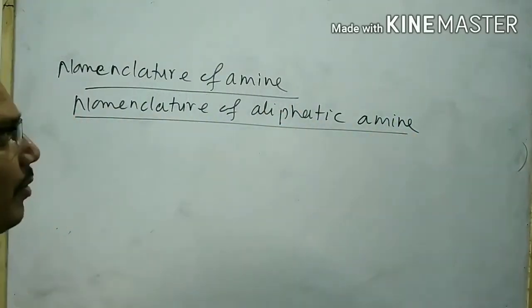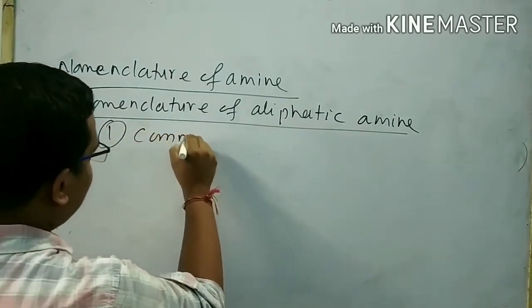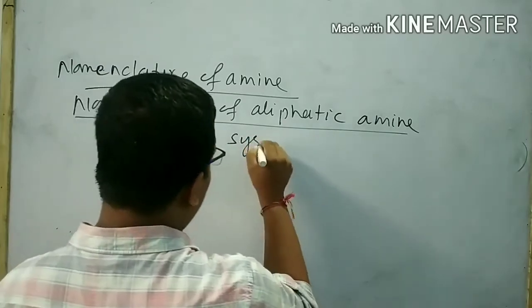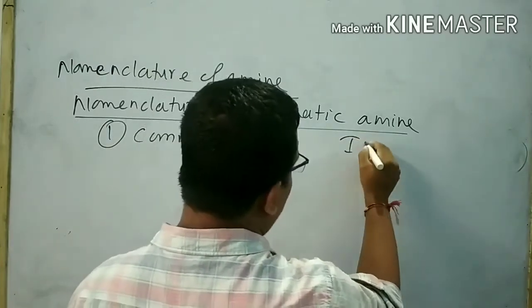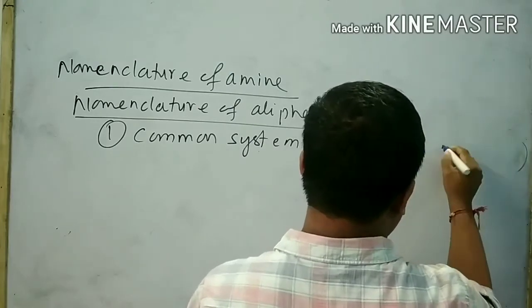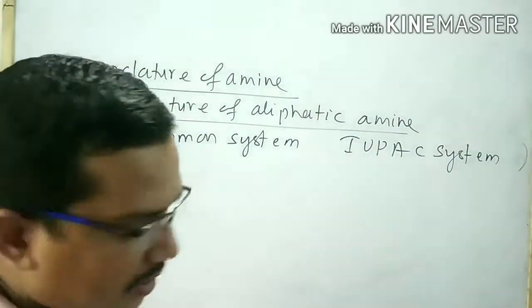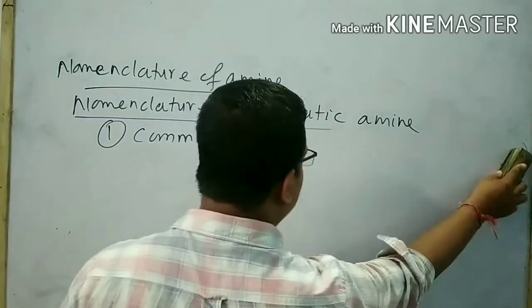There are two systems for the nomenclature of aliphatic amine. One is the common system. Another is the IUPAC system. At first, I will discuss the common system.